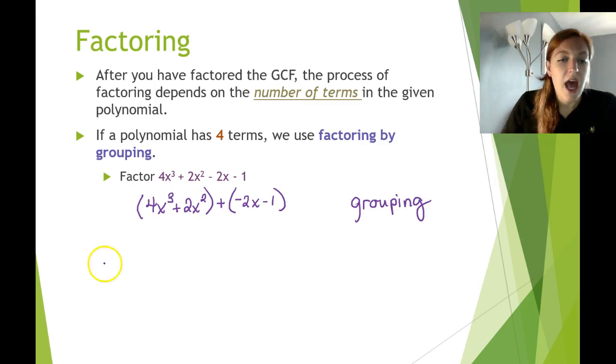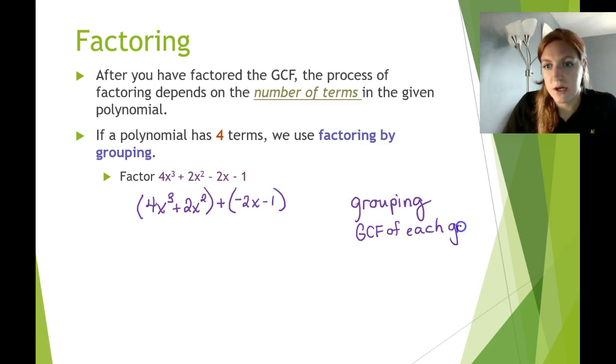And then we want to factor out the GCF of each group. Let's see what happens. In that first group, GCF is the greatest common factor of the coefficients, 4 and 2, greatest common factor, 2. And notice that we have to pull out the smallest exponent on the common variable.